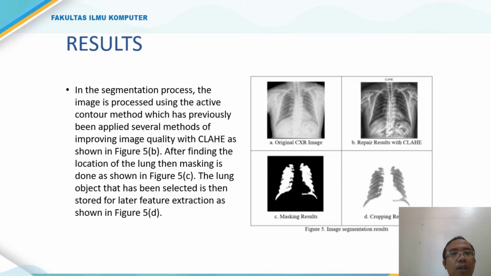After finding the location of the lung, masking is done, as shown in figure 5c. The lung object that has been selected is then stored for later feature extraction, as shown in figure 5d.